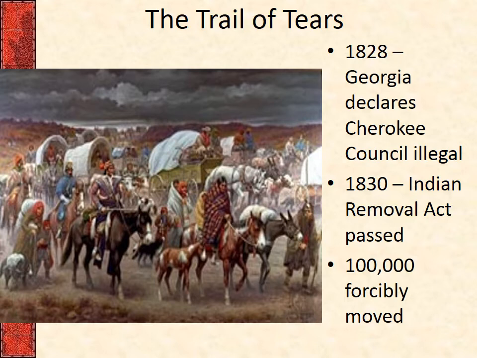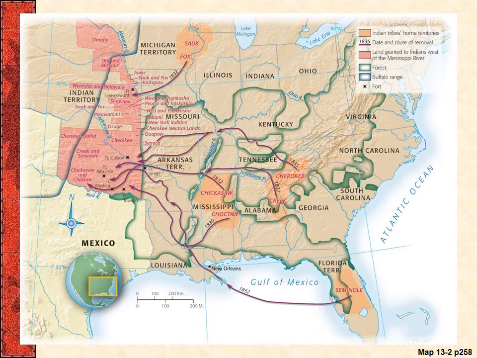It's theorized that there were about 120 to 150,000 Indians that lived east of the Mississippi at this time period, and over 100,000 of them were forcibly moved. And here you can see them walking along the way from Georgia to modern-day Oklahoma, and apparently they were crying, hence the Trail of Tears. Here's the route, right?